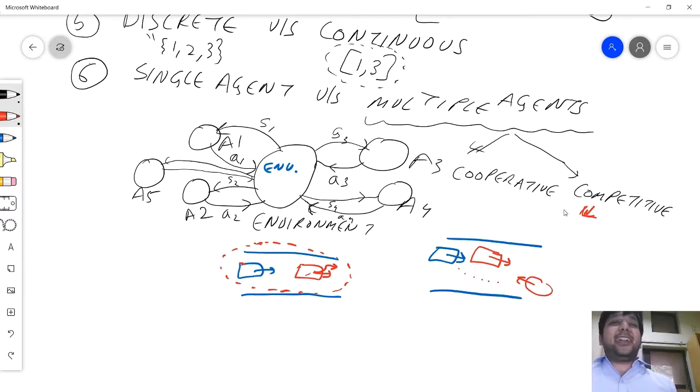If you help your friend, he takes the seat, you're gone. So it's competitive if the objectives are equal and opposite. So if other wins, you definitely lose, and you don't want to do that. It's cooperative if both the agents have exactly the same performance measure, and I'm not talking about reducing distance. I'm saying reducing the sum of each other's distance, reducing the sum of each other's travel time. Then it's purely cooperative.